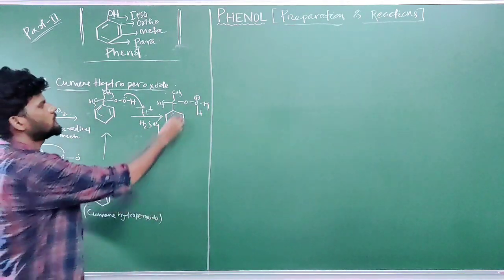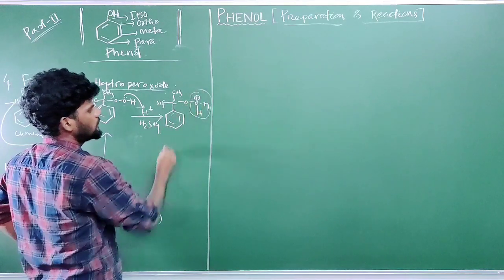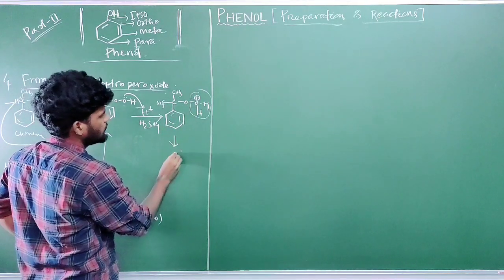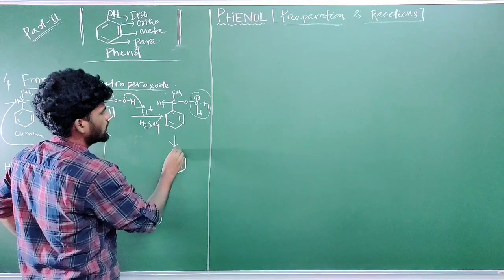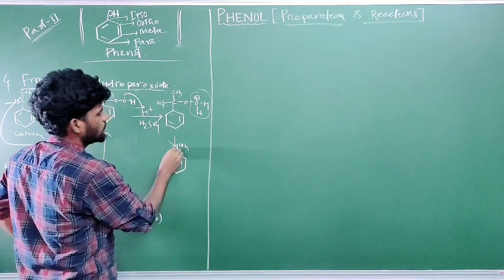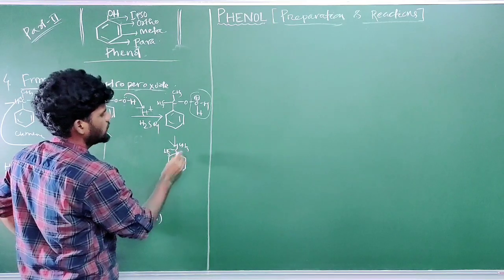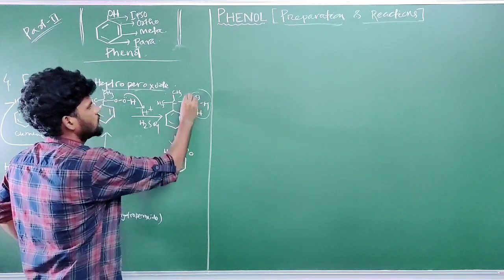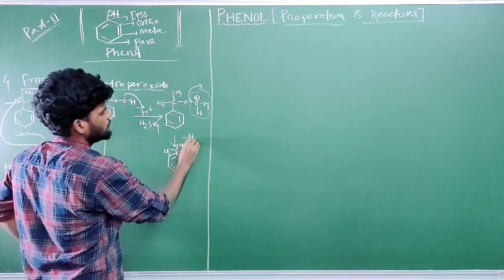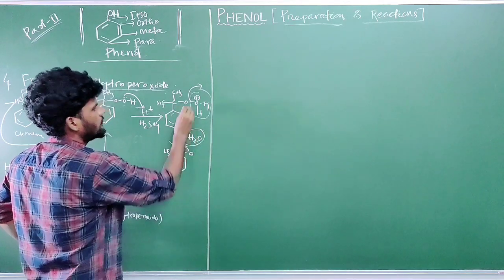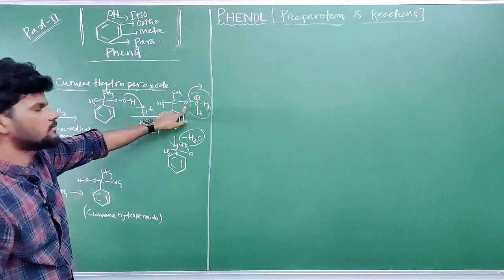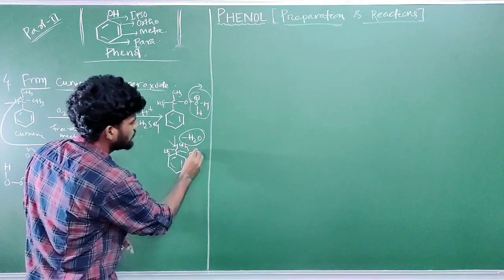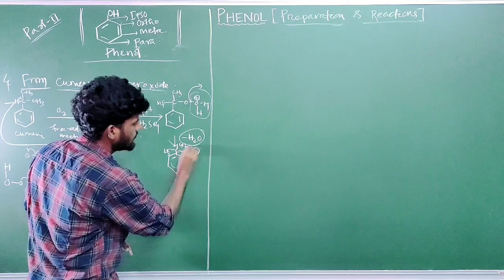Now this water group is a good leaving group. So in the next step, the water group releases, and if water leaves, then the bond breaks from this position, so there is positive charge over this oxygen.